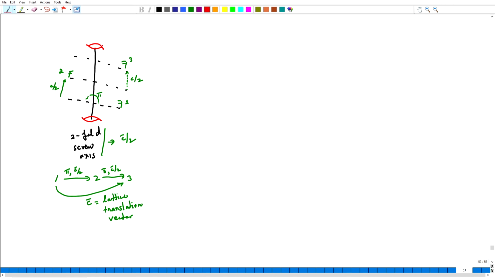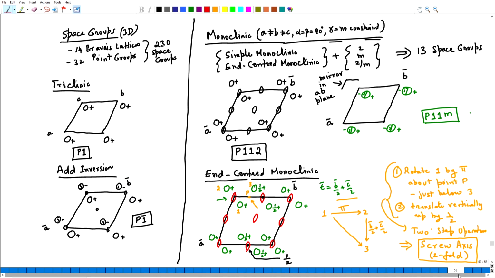Now, going back to the previous diagram, insert the screw axis in this diagram of the space group. So, I will have the screw axis out here. Similarly, I am going to have it here. The translations will also bring the screw axis out here.